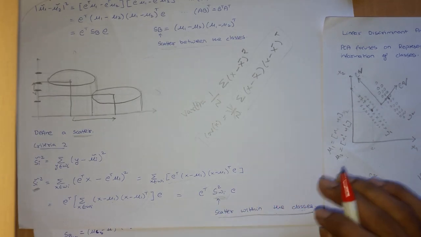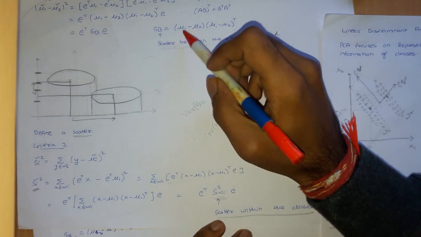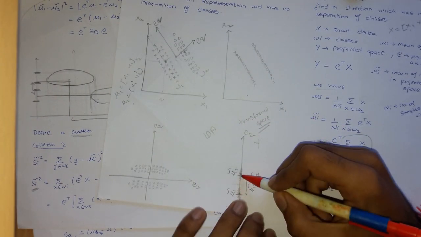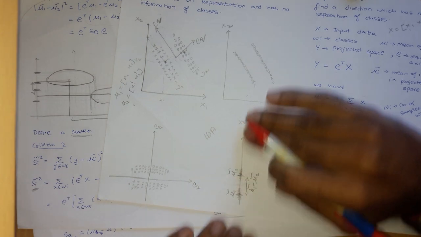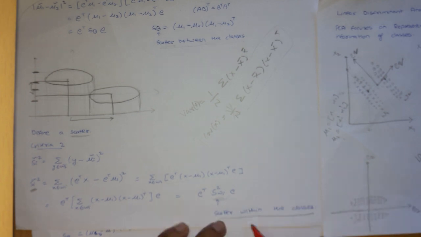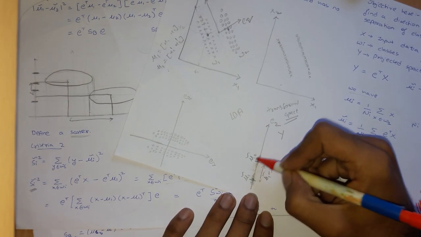I hope you are understanding the terms. This is scatter between the classes, which is about the means. It tells you how much scatter there is between the two classes, how far away the two classes are. And S W i is about within the class. Within means inside this class how much scatter there is.